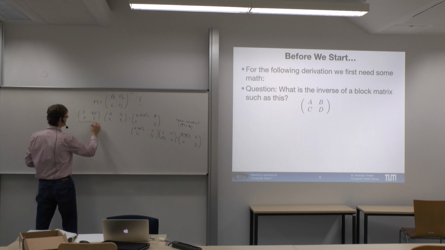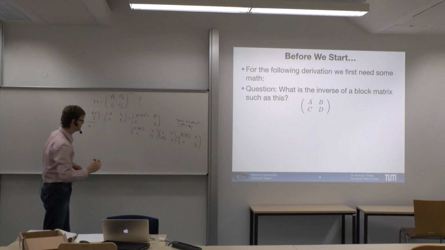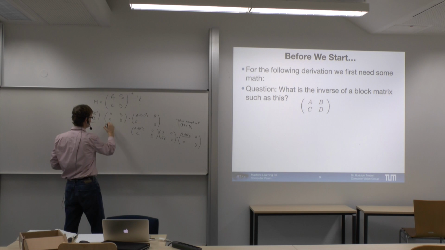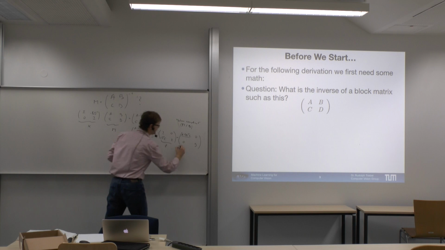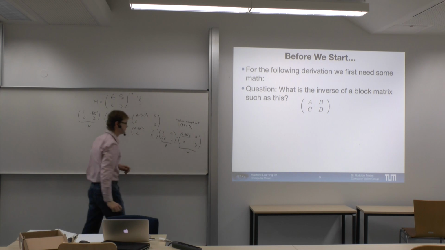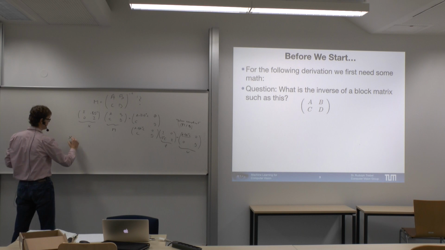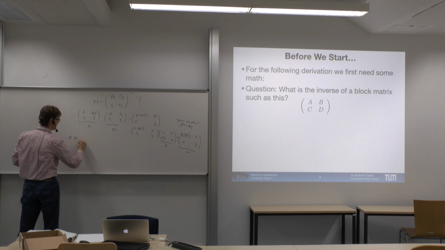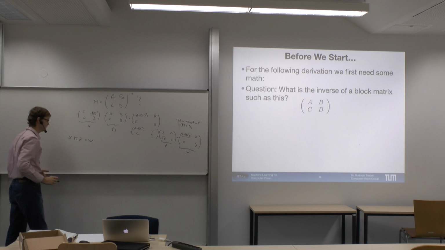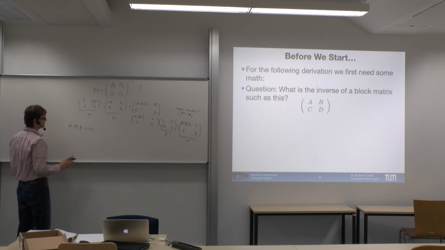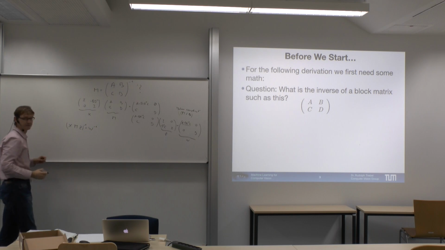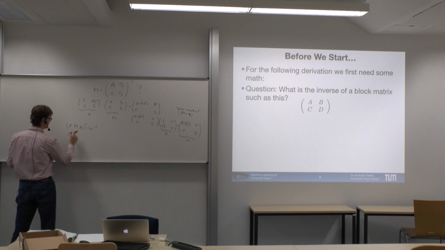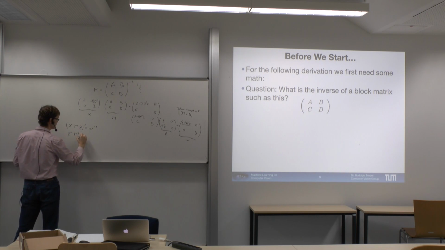We call this matrix X. This is our matrix M. We have multiplied it with this matrix, which is Z, and we name the result W. So we have the equation X times M times Z equals W. Now, to invert all that, we just invert on both sides, and we also have to change the order. This is the rule of inversion.